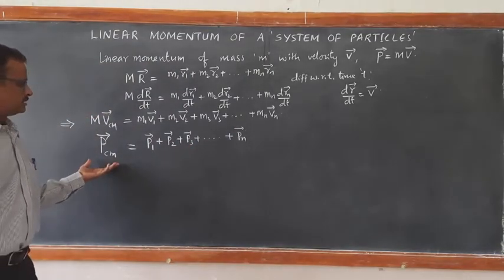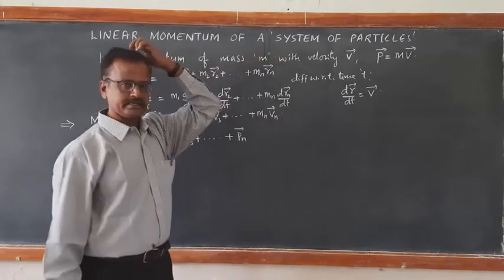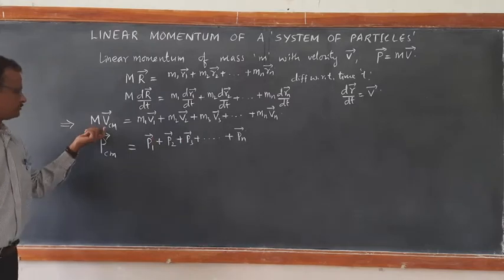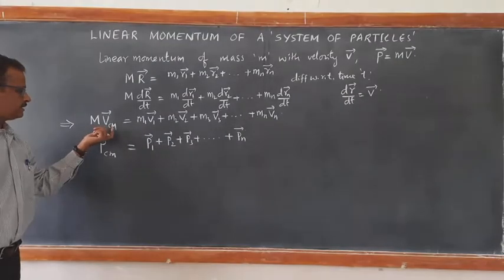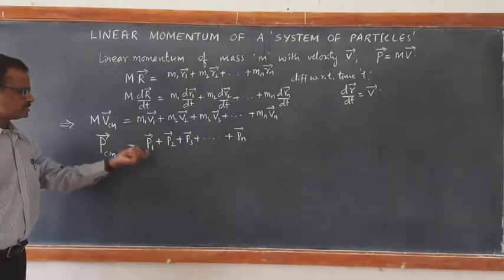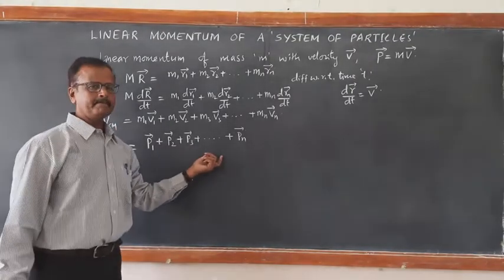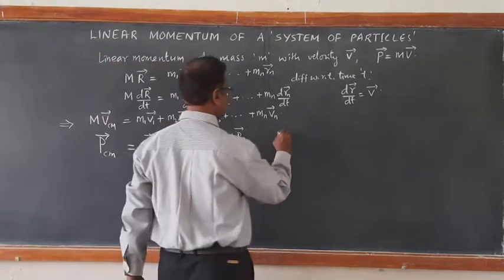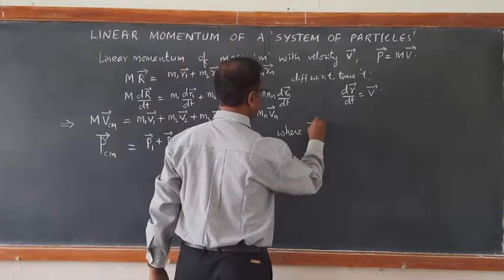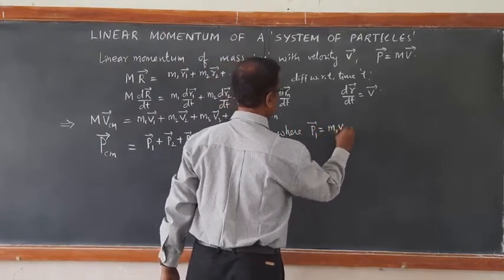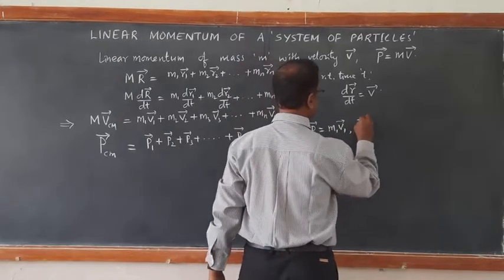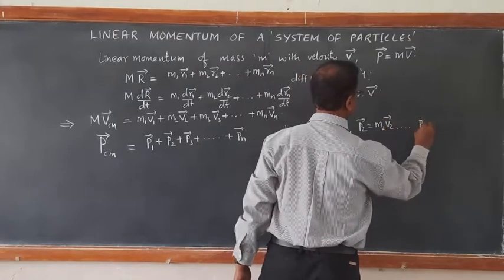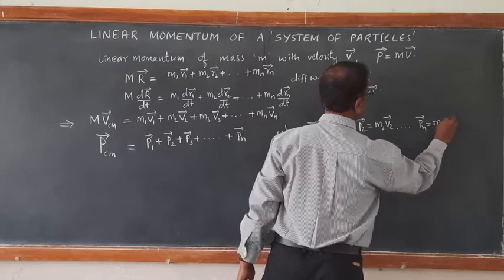So the total momentum of the system of particles is the product of the mass of the center of mass and the velocity of the center of mass, which is equal to the vector sum of the momenta of all the particles, where vector P1 corresponds to m1 v1 vector, vector P2 corresponds to m2 v2 vector, and so on, vector Pn corresponds to mn vn vector.